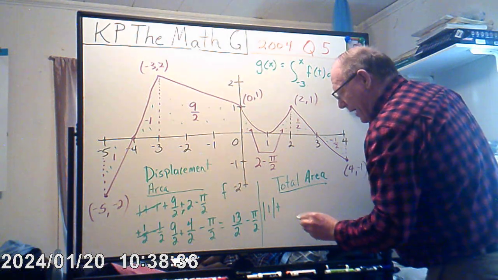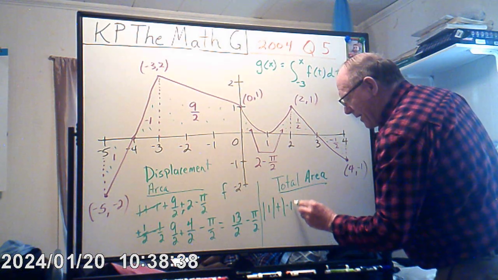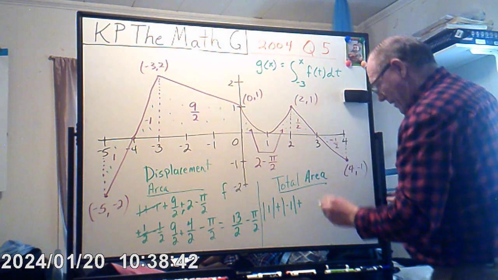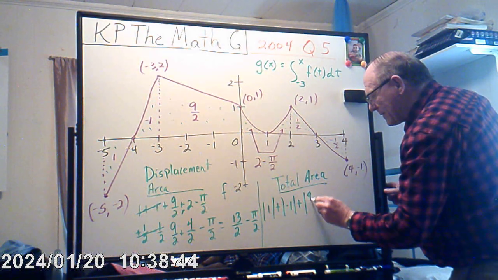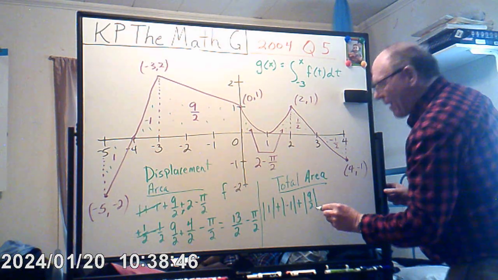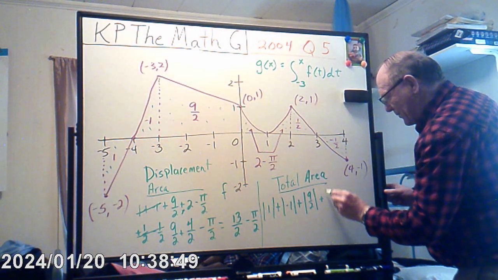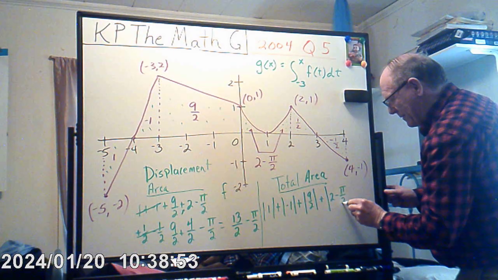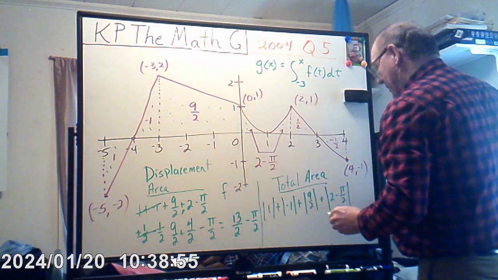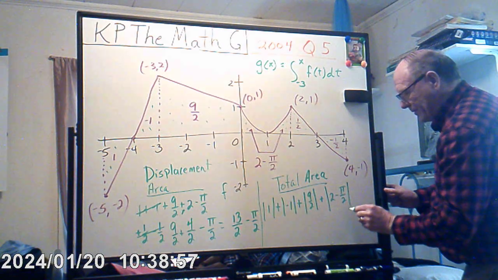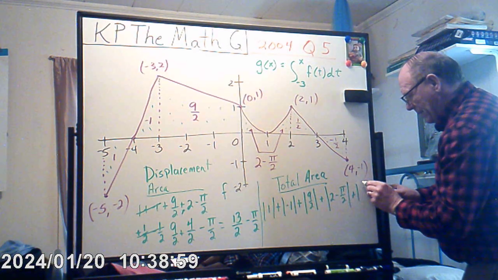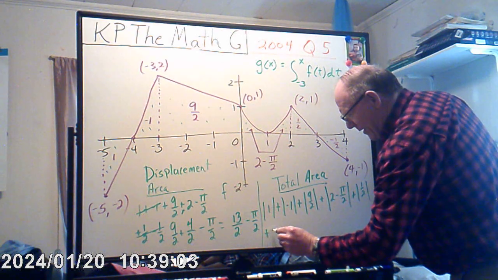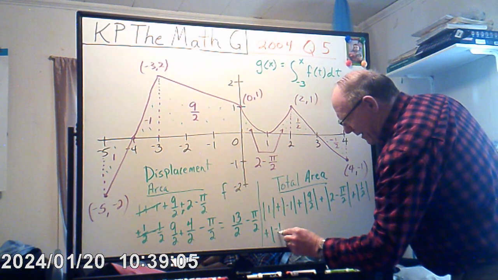So the absolute value of 1, the absolute value of -1, the absolute value of 9/2, the absolute value of 2 minus pi over 2, the absolute value of 1/2, and then plus the absolute value of -1/2.